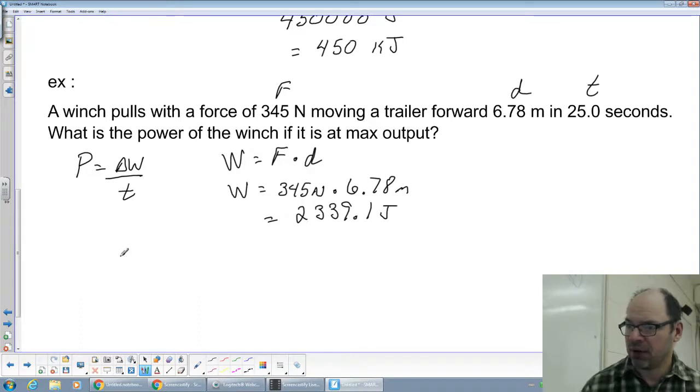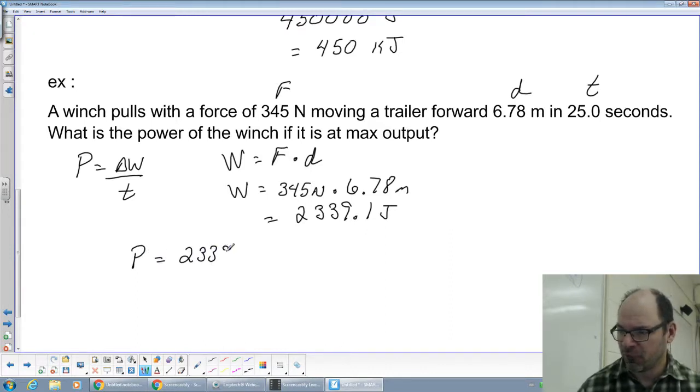Okay, now that we've got the work done, we have the time over here, so we can just calculate power in our second step. So take your 2,339.1 joules. Now we want to be rounding off to, looks like, 3 significant figures in the end here. And this will give us what?